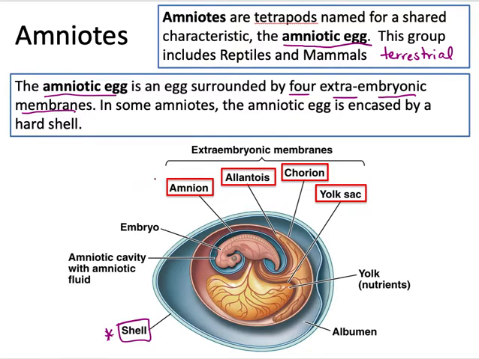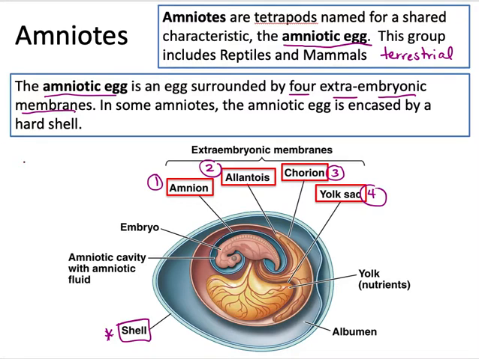So counting from 1 to 4, we've got the amnion, which is the first membrane layer, the allantois, which is the second. Here's the allantois right here. The chorion is the third, and then the yolk sac will be the fourth. So let's explore the function of these 4 membrane layers and the fluids within.